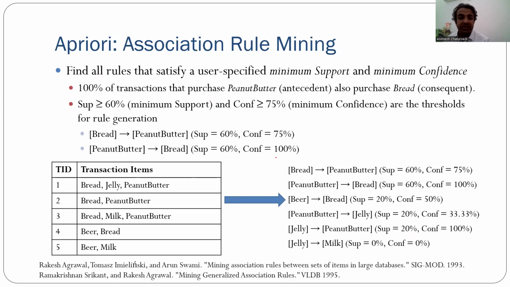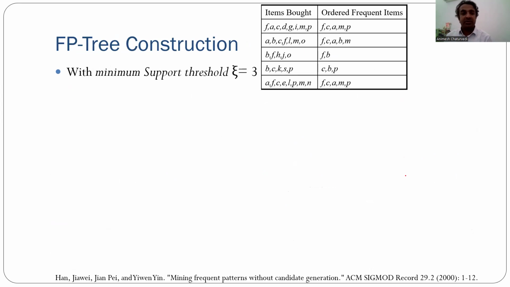If we put thresholds of 75% as minimum confidence and 60% as minimum support, we'll get only two rules: bread implies peanut butter and peanut butter implies bread. Support is 60% and confidence is 75%. These two rules are significant and interesting, as they meet the threshold criteria.